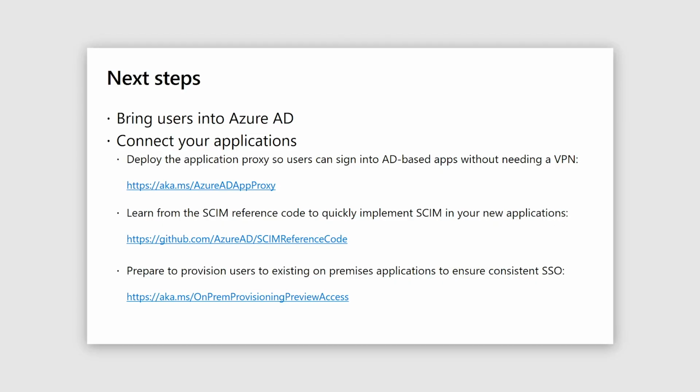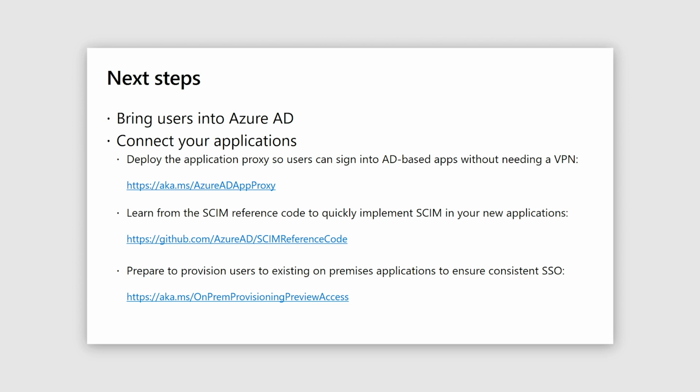Now, once you have your users in your Azure Active Directory, both for your employees, those from acquired companies, or from business partners, then you can give those users access to the applications they need. If you have on-premises AD-based applications, you can use the application proxy so that users can sign in and be automatically logged into on-premises apps without needing to go through a VPN.